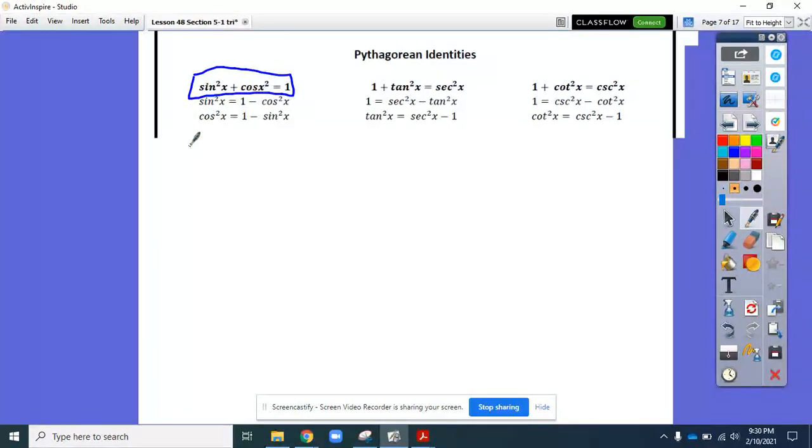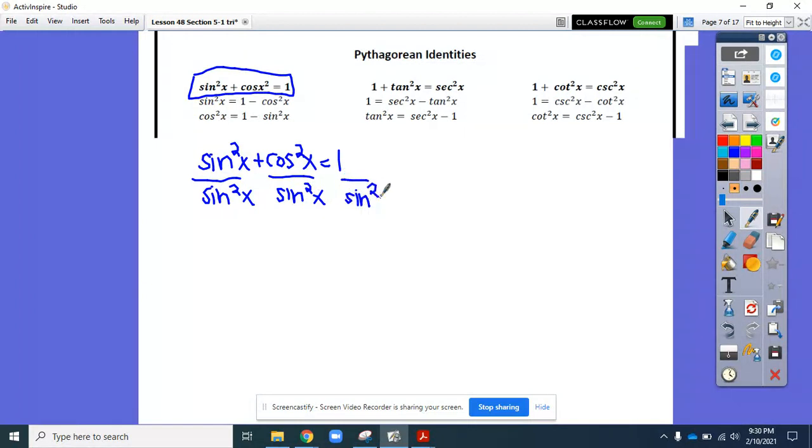All right, so if we start out with our basic identity, sine squared plus cosine squared is 1. We pick one of these 2 functions to divide through by. I'll pick sine. So I'm going to divide through by sine squared. And look at what happens. Sine squared over sine squared is 1.